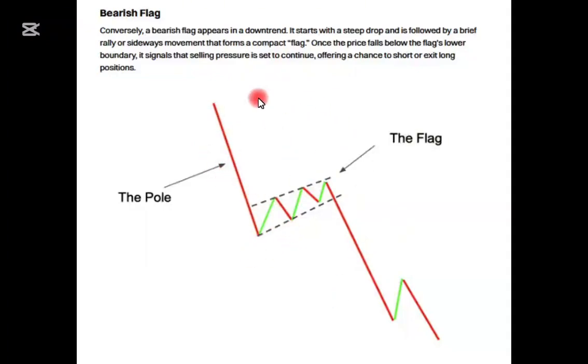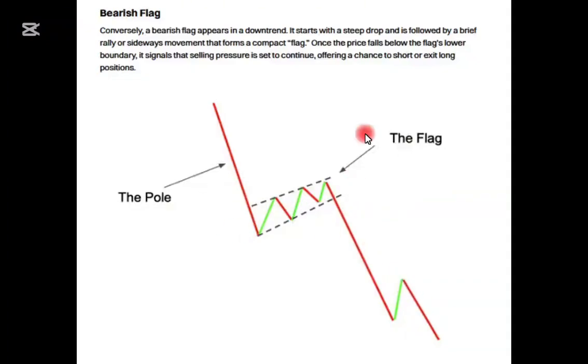All right, so when you understand all this, it will be easier for you to identify the bearish and the bullish flag pattern. All right, so as you can see, this is the steep drop, and it's followed by a sideways consolidation. So this is the consolidation area, before the market actually breaks out at this point and goes down for a short position.